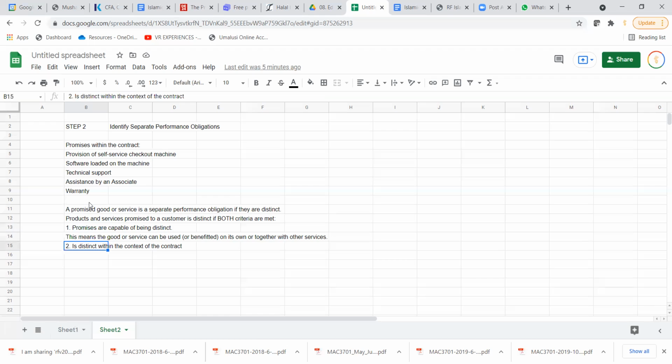But now we must do number two. Number two is the products or services is distinct within the context of the contract. What do we mean over there?